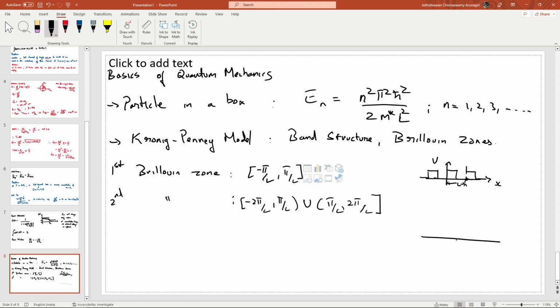If we are looking at the K space, the first Brillouin zone will be between this. So this is my first Brillouin zone, whereas the second Brillouin zone will be this part and this part. It will be a union of these two. Similarly, the third Brillouin zone will be the union of those two chunks.